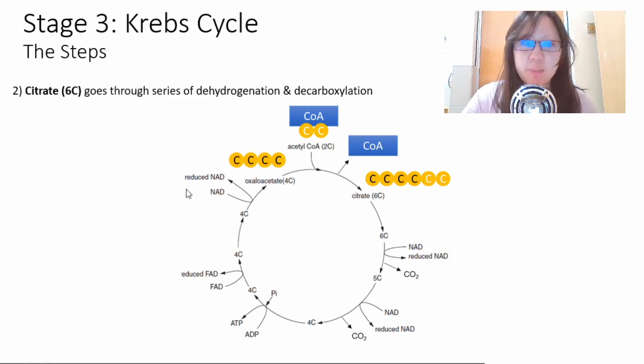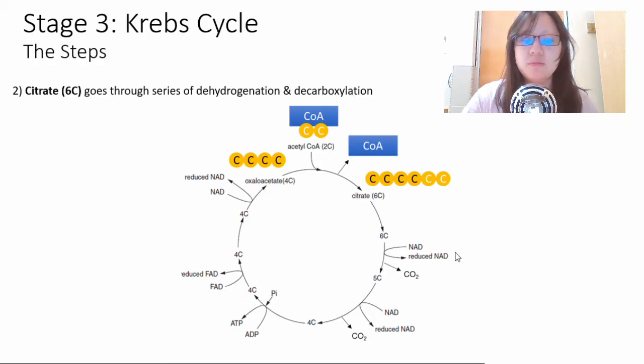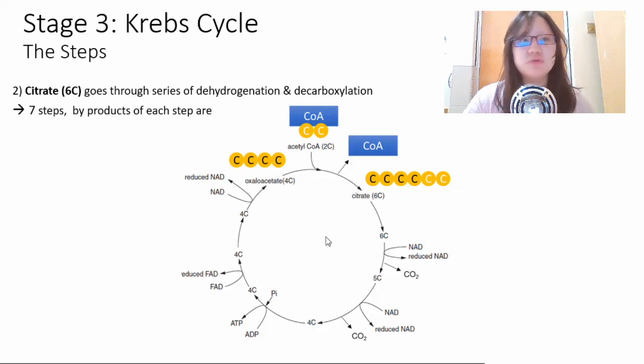Now, what happens to citrate? Citrate goes through a series of dehydrogenation and decarboxylation reactions, which means hydrogen is removed, carbon is removed. And you can see here ATP is formed, and more hydrogens are removed. So there are 7 steps here from citrate to this 4-carbon molecule, oxaloacetate, and this is how I remember the products of each step.